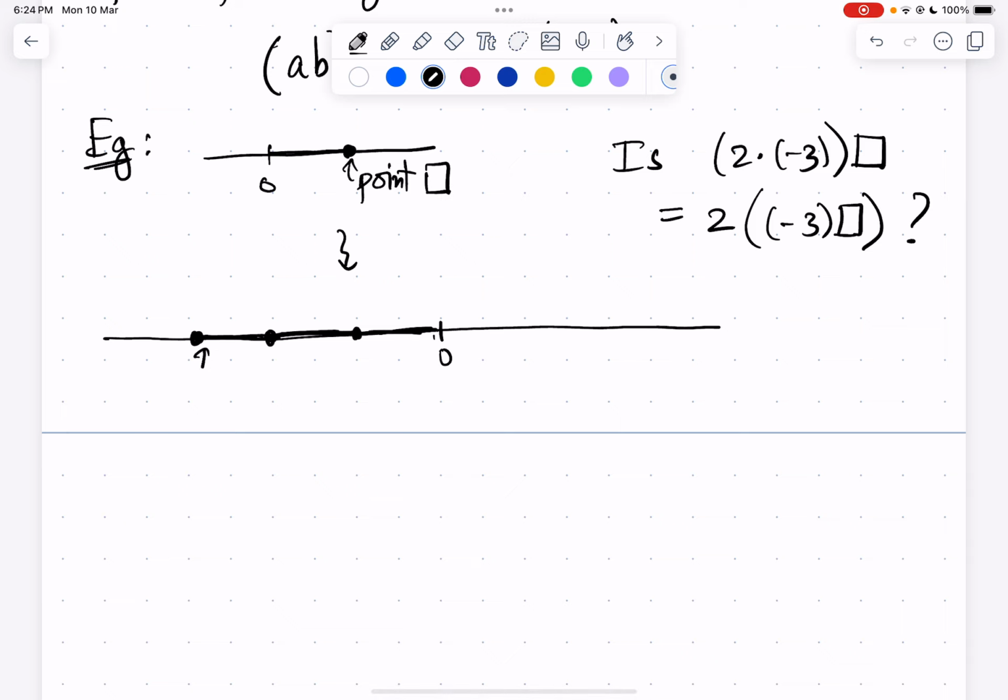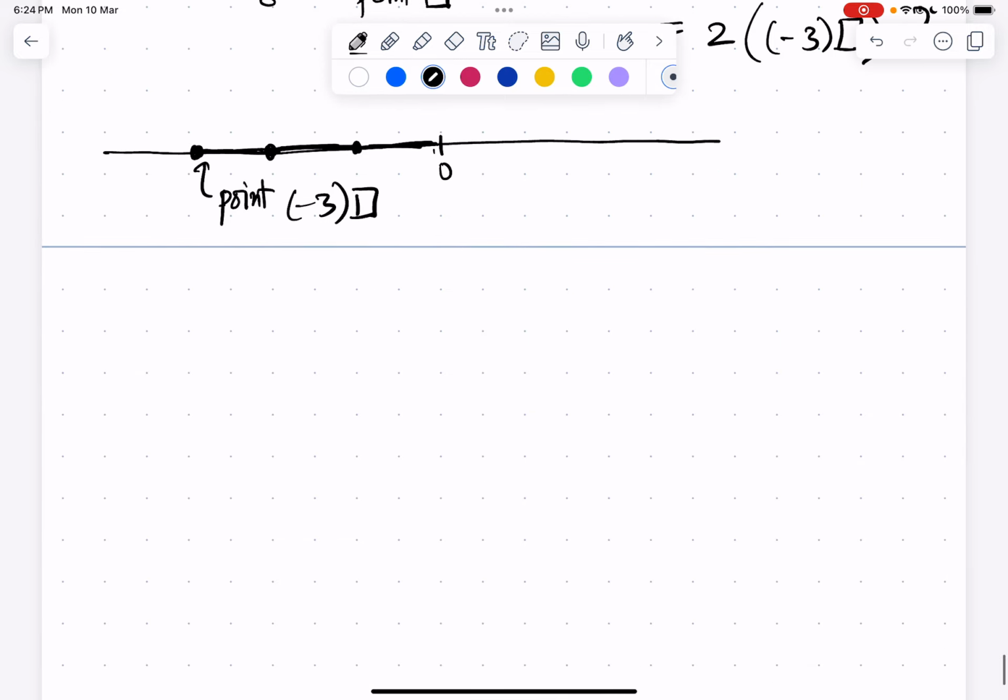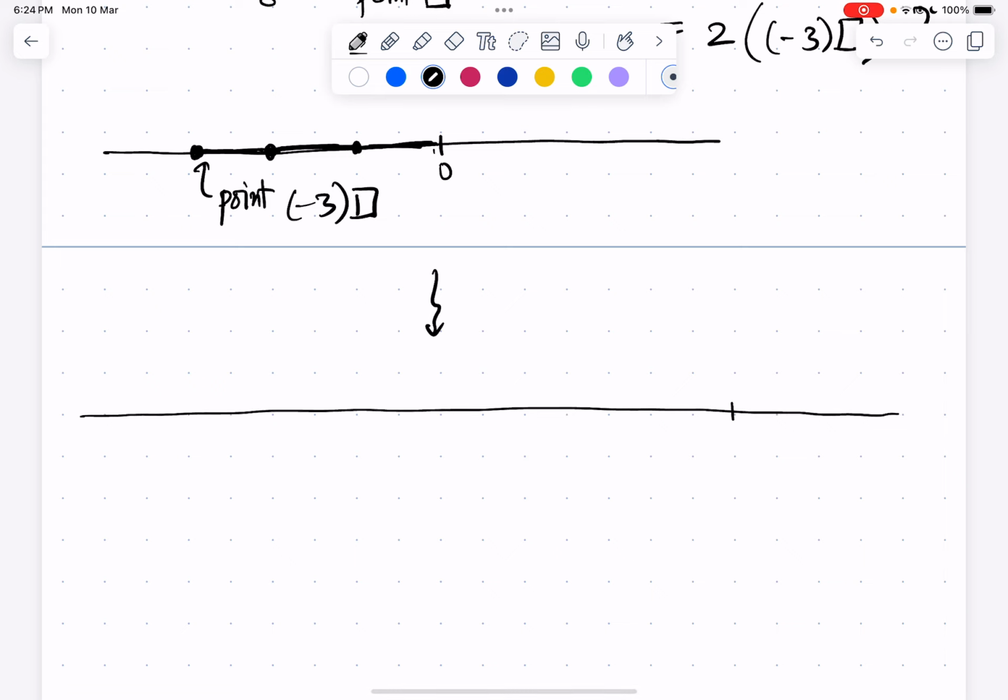So this point is minus 3 times box, and we want to do 2 times minus 3 times box. So after doing 2 times minus 3 times box, the point will be, so this is minus 3 times box, and 2 times minus 3 times box will be this point.